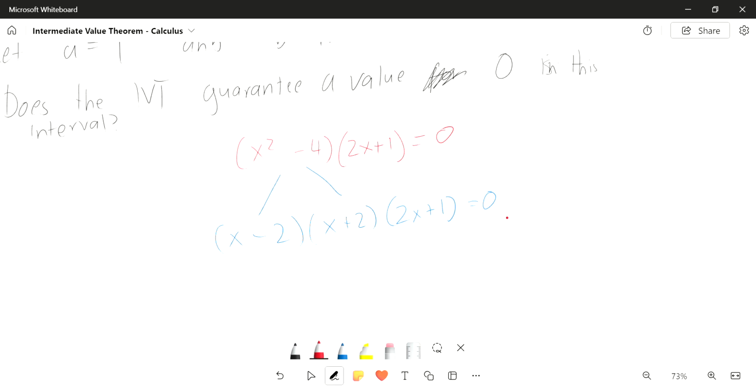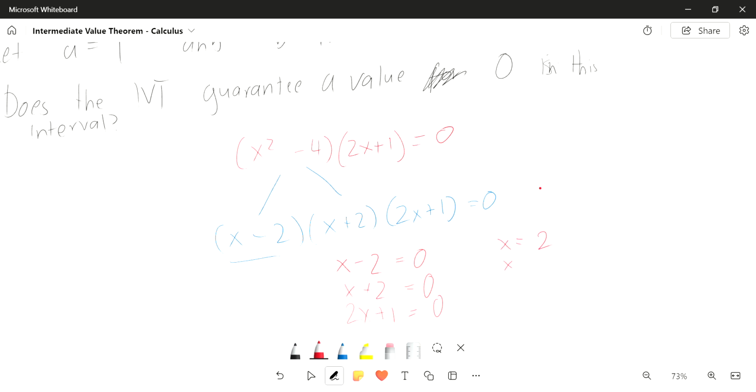And if you use the zero rule, if any one of these factors is equal to 0, that means the entire thing will be equal to 0. So set each individual factor equal to 0 and solve for x. And those are all three of your solutions, which are in this case our discontinuities.